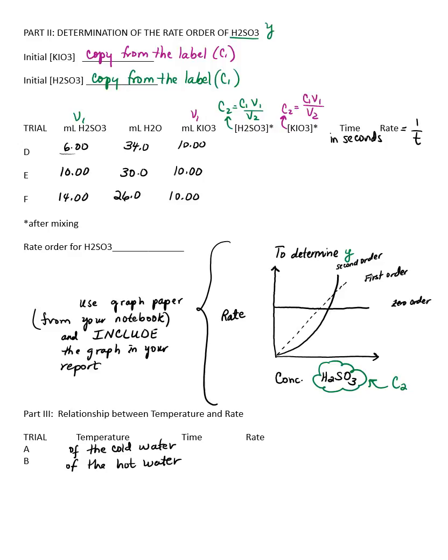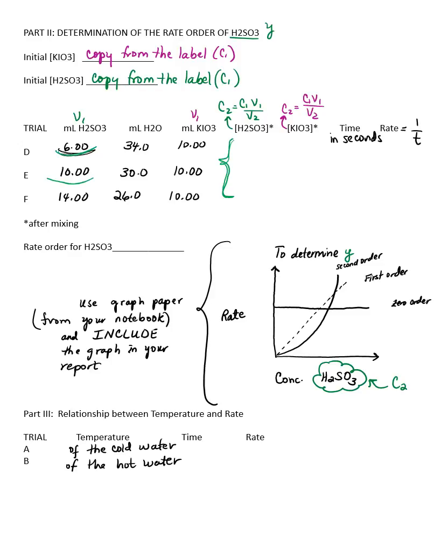For the first one, it's 6 milliliters, and the final volume is 50. So now you move to the second one. Your initial concentration is from the label, your volume 1 is 10, and your volume 2 is 50. And you can calculate all 3 concentrations here.